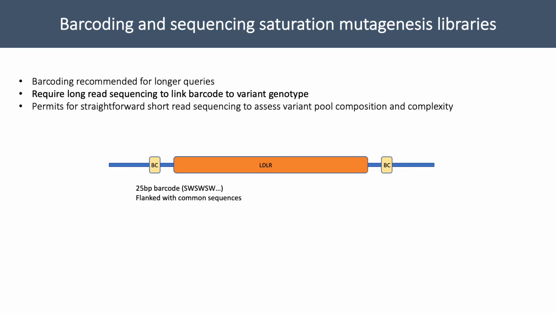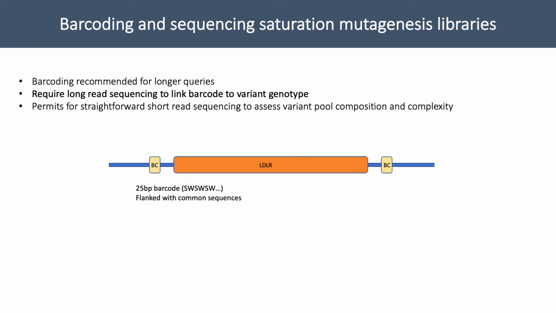I would recommend doing this if the length of the DNA that you want to query is relatively long. This is because it allows you to perform really straightforward short read sequencing of the barcode to identify and count variants when you're performing your screens.